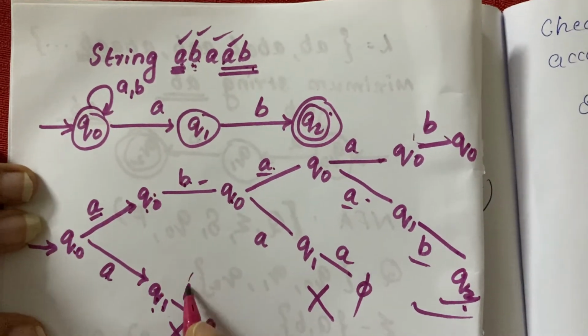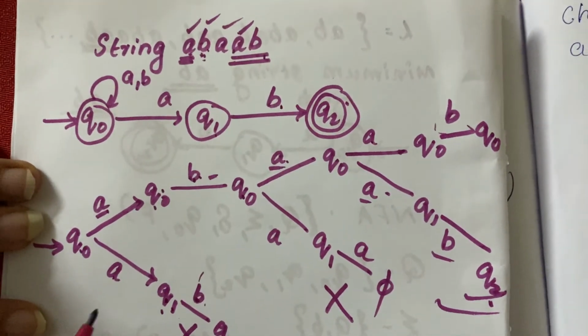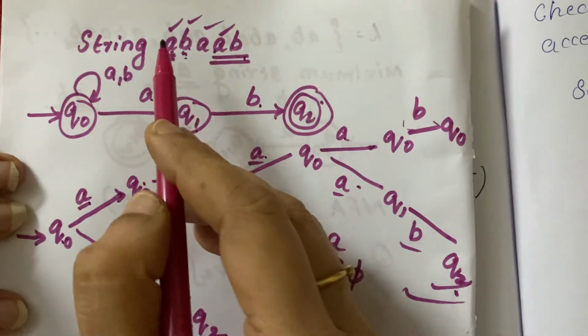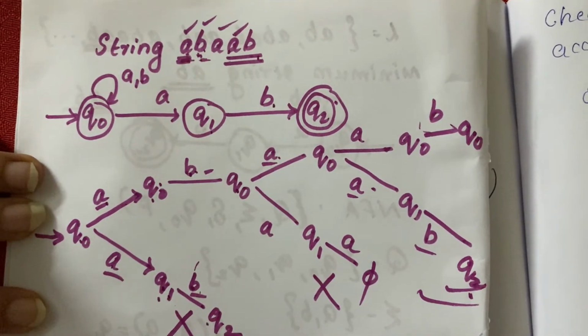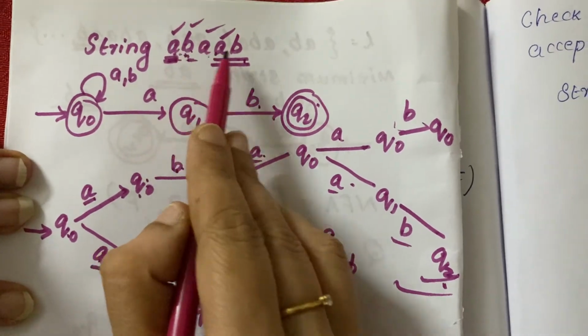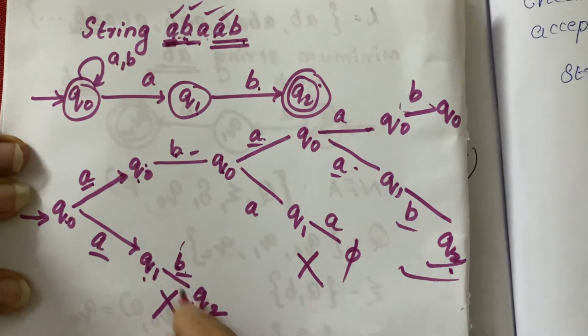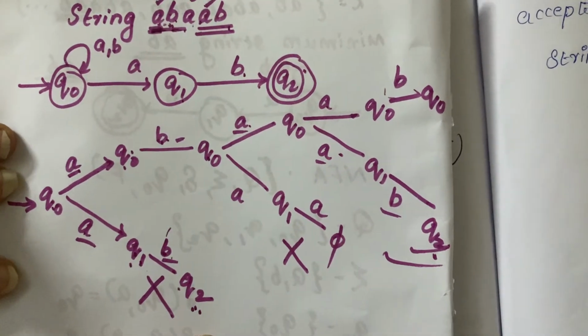If B comes, Q1 goes to Q2. But here only two symbols, A and B, have been checked. By that time it reached the final state, but we cannot consider it because we have to check the whole string. By AB only it has reached Q2, so this is not a proper transition. It will not be accepted.